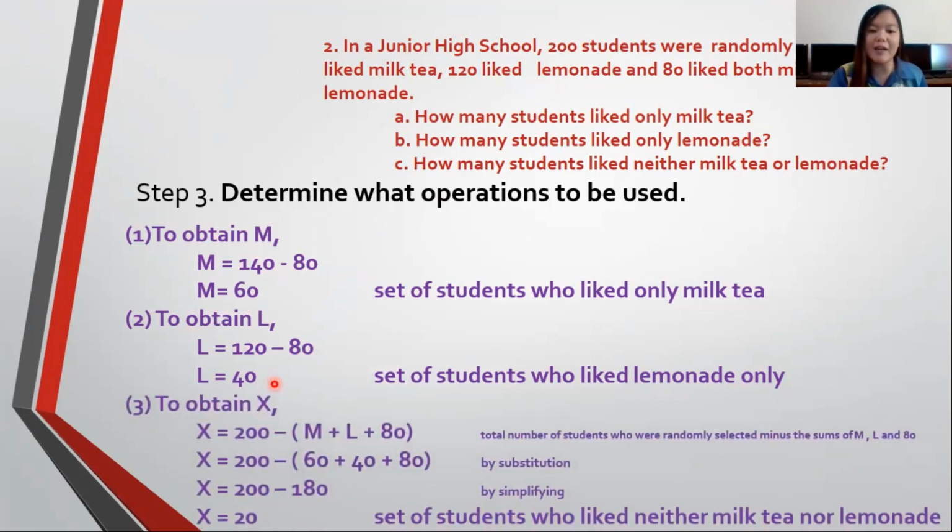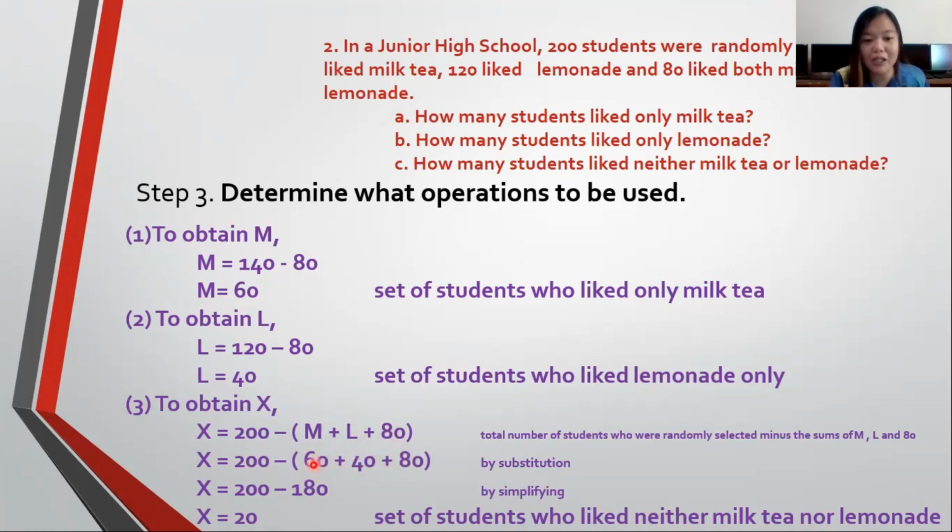Now, to obtain X, X is yung students like neither milk tea nor lemonade. So walang milk tea, walang lemonade. Ayaw nila yun. Naka-water lang sila. Water therapy lang sila. So, since 200 yung kabuuan ng mga estudyante, i-minus na natin yung bilang ng milk tea only, which is 60, yung lemonade only, which is 40, at yung 80, which is both.